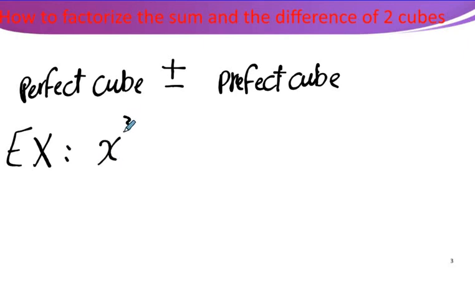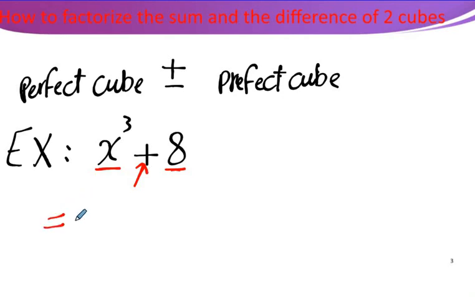x to the power 3 plus 8. This expression is called the sum of two cubes. Why? The first term is a perfect cube, the second term is a perfect cube, and here is a positive sign. So it's a sum of two cubes. How to factorize it?